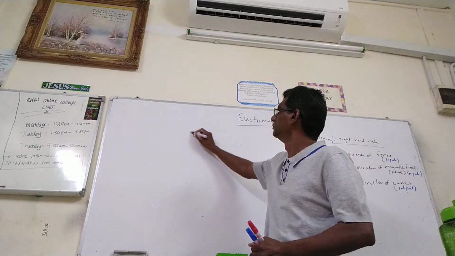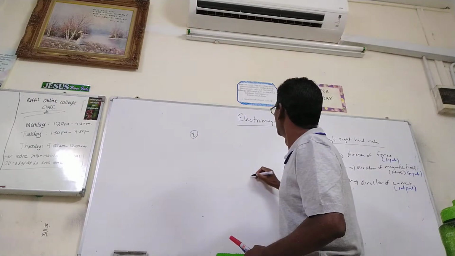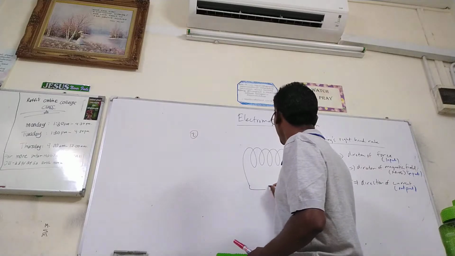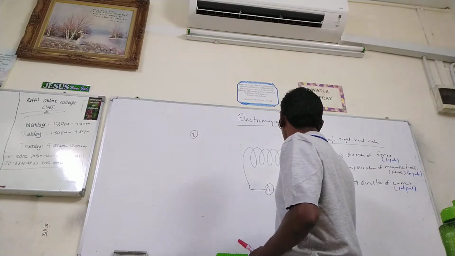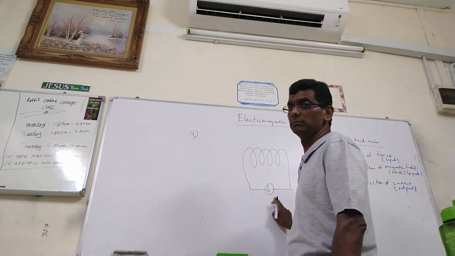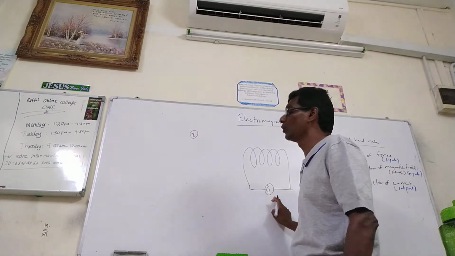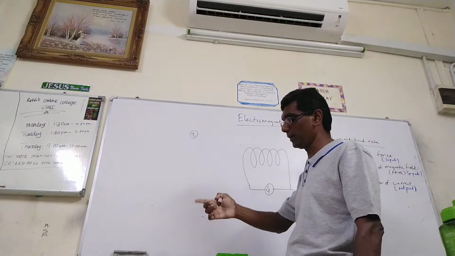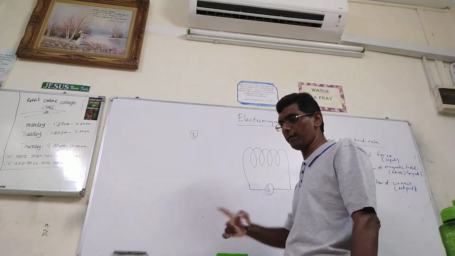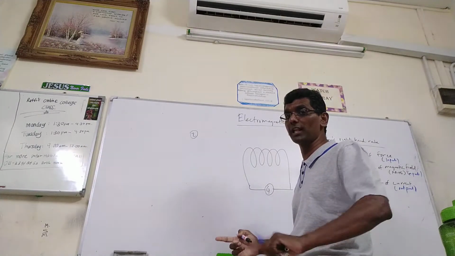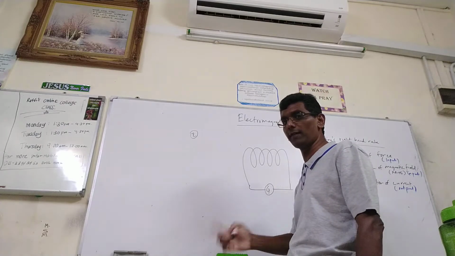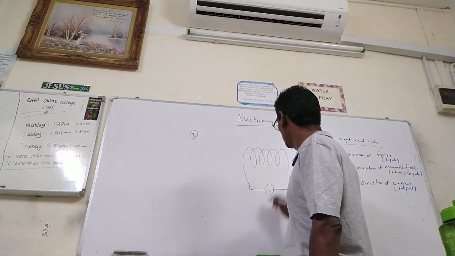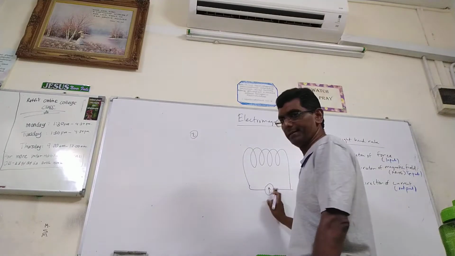This is another galvanometer, a zero-center galvanometer. The galvanometer will move left and right, because the current is moving in two directions. So the galvanometer here also moves left and right.